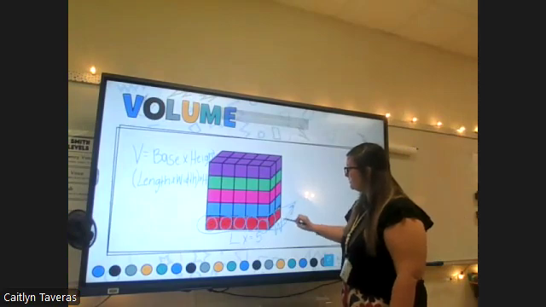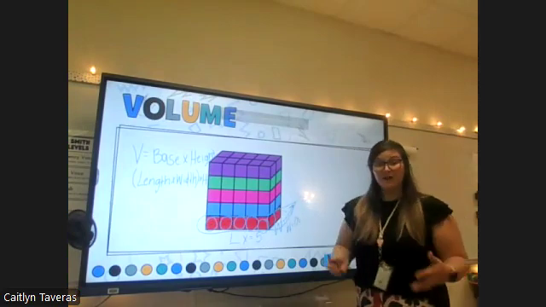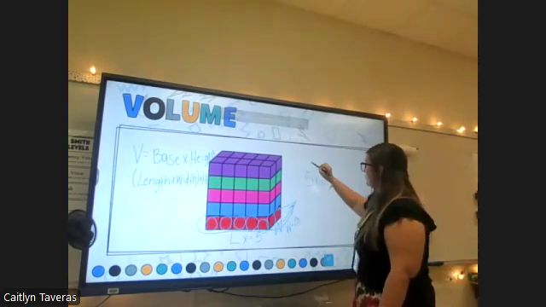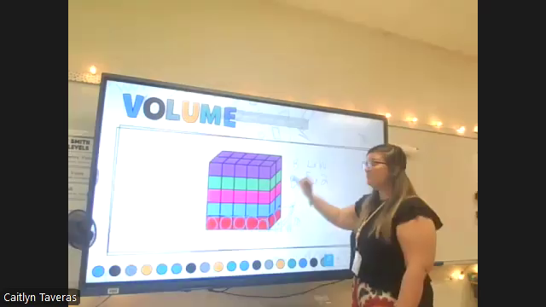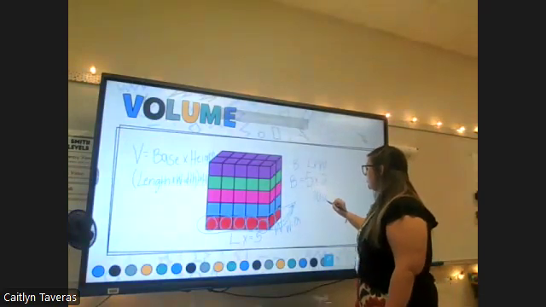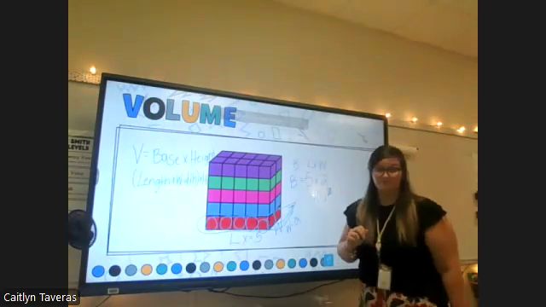We have 1, 2. That will find our base for us when we do 5 times 2, which is length times width, to give us our base. So our base for this right rectangular prism is 10 cubic or square units because it's just the base area.